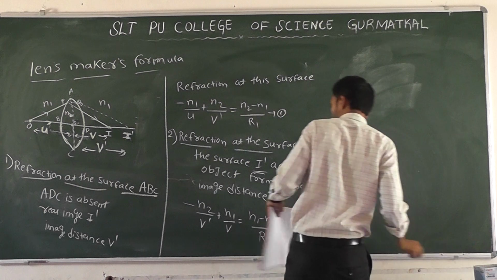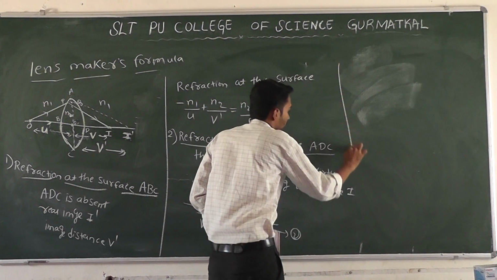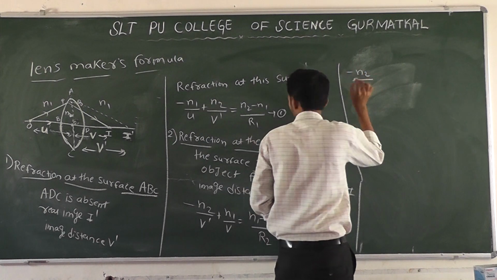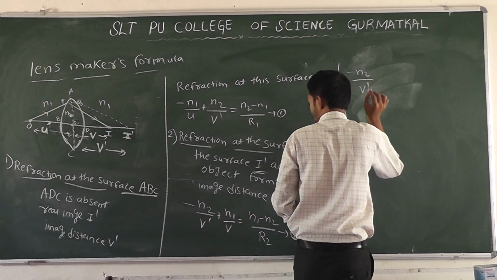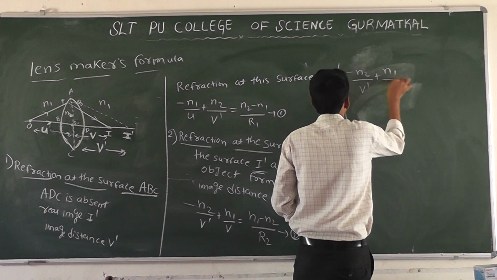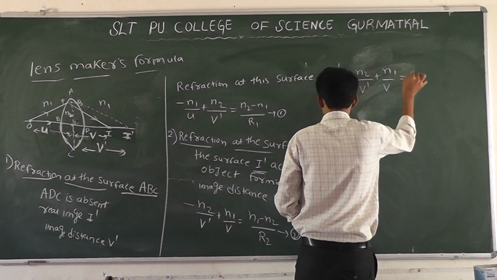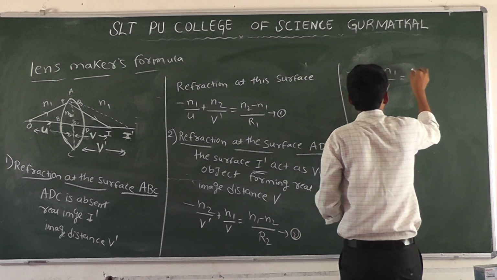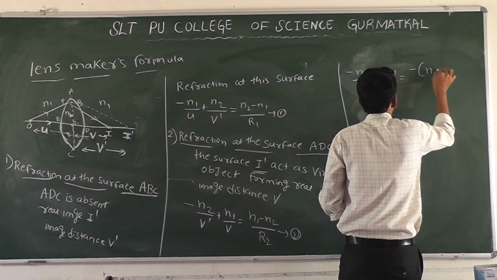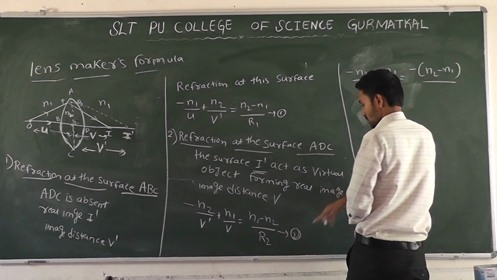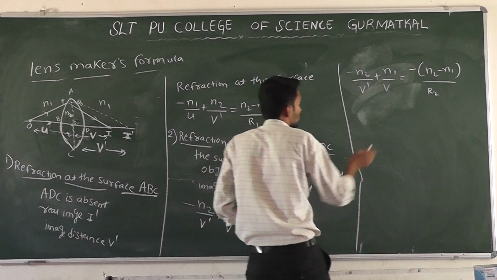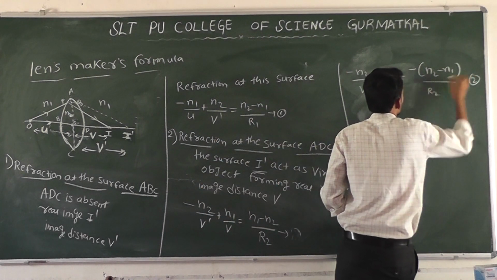So I will write equation 2 once again: minus n2 V dash, object distance, plus n1 V, image distance, equals n1 minus n2, which I previously wrote, so we can write it as minus n2 minus n1 by R2. So we are considering this as equation 2.